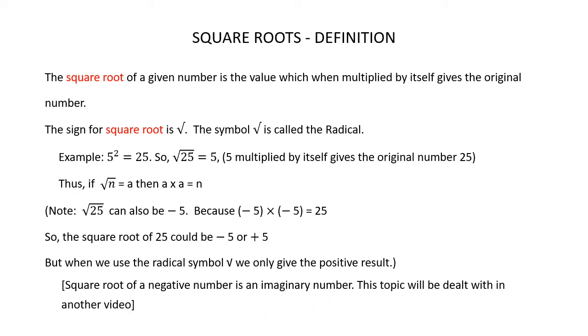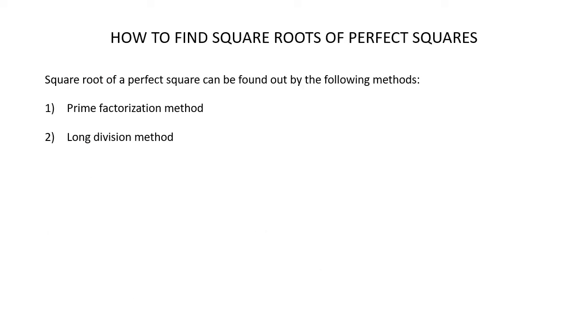Here, in this video, we'll deal only with positive numbers. Let's learn how to find square roots of perfect squares. The square root of a perfect square can be found out either by the prime factorization method or the long division method.